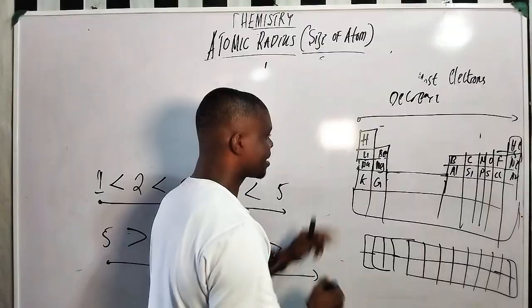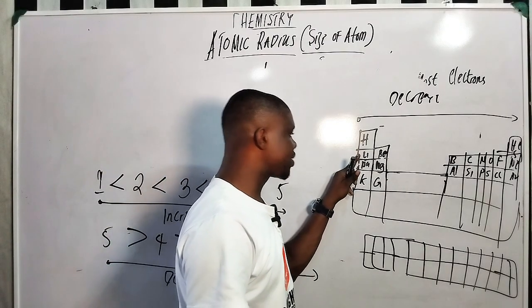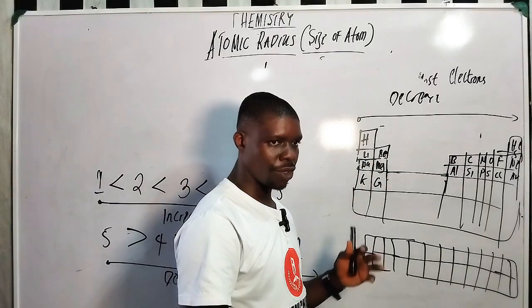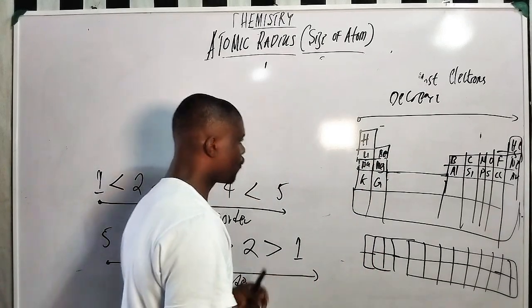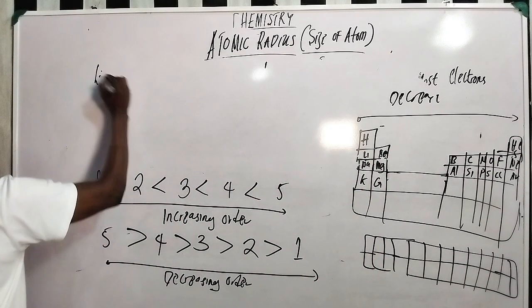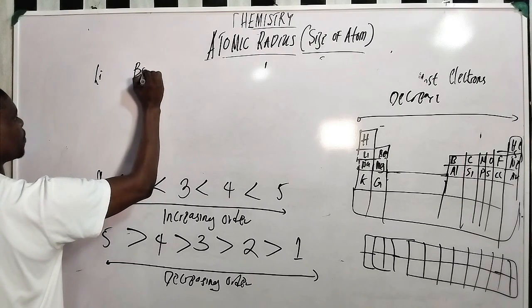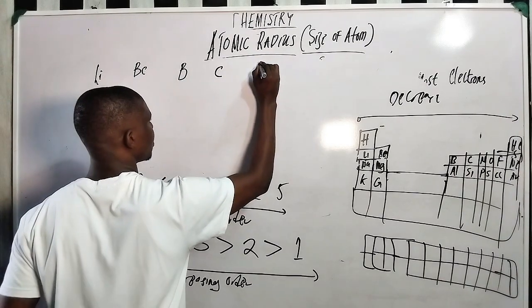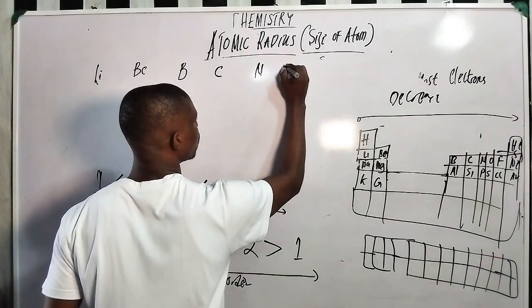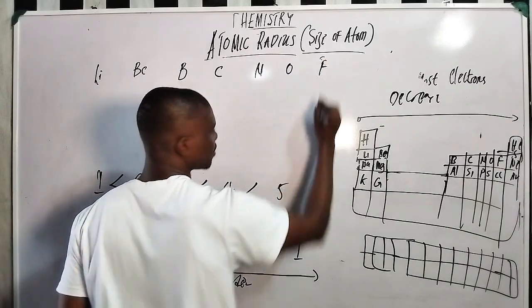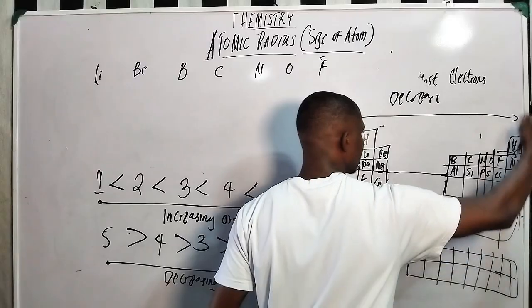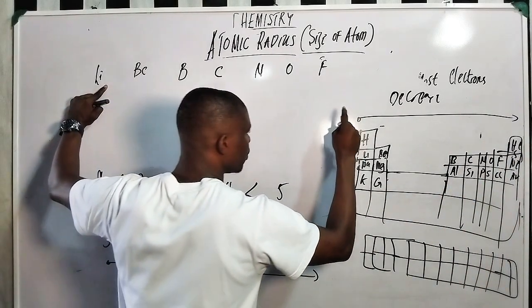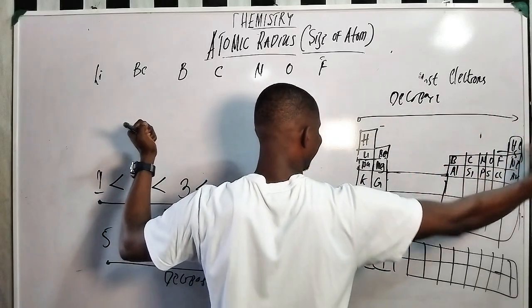The size of lithium is greater than beryllium. Looking at lithium, beryllium, boron, carbon, nitrogen, oxygen, and fluorine, they normally ignore group 8.